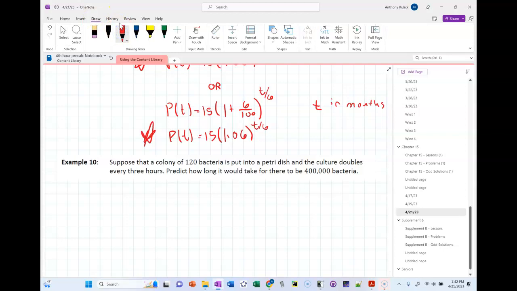And then we're told to predict how long it would take for there to be 400,000 bacteria. So we have a colony of bacteria, so that's going to be a population model. So let's start there. I'm told we start with 120 bacteria. So that's my P naught.